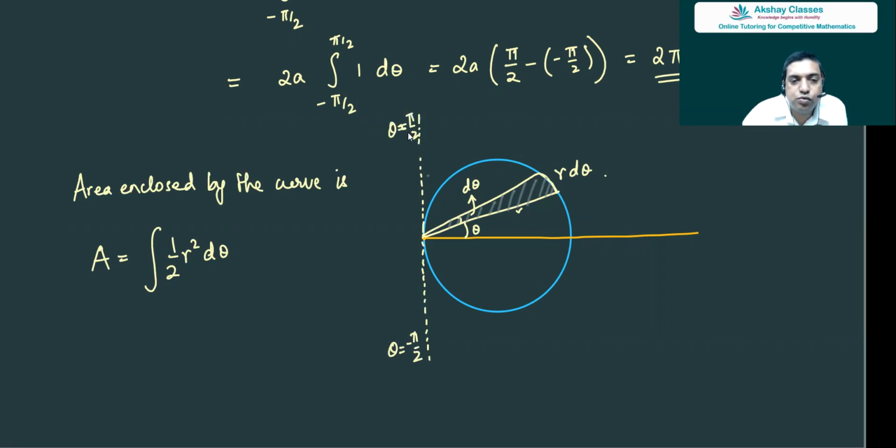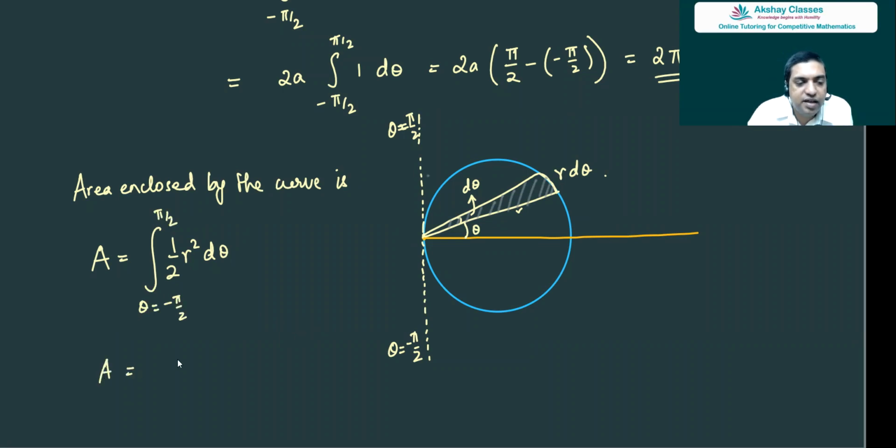See, when the point moves, theta is minus pi by 2 here, increases, goes to 0, and comes to pi by 2. Theta, the angle that the point makes with the initial line. So theta varies from minus pi by 2 to pi by 2.